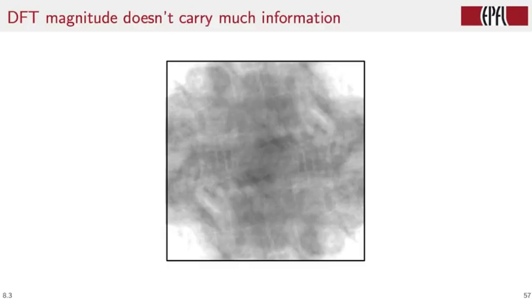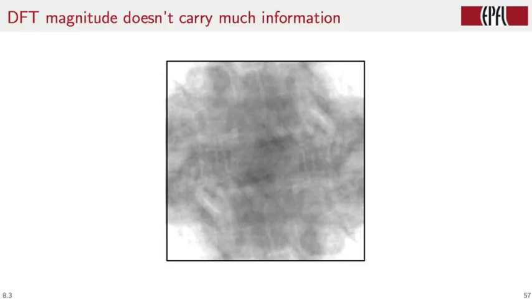We get a confirmation of our suspicion if we try to invert the Fourier transform starting from the magnitude only. So we take an image, we take the Fourier transform, we discard the phase information, and then we do an inverse Fourier transform from the magnitude. What we get, if we start with a dog picture, is this picture here, where we are absolutely unable to guess the original picture.